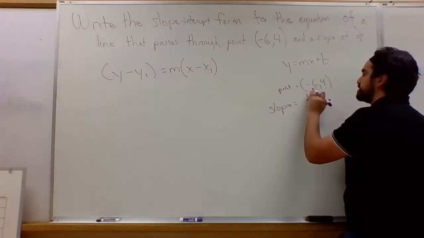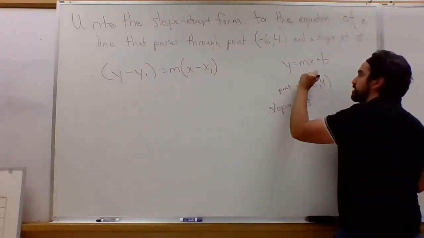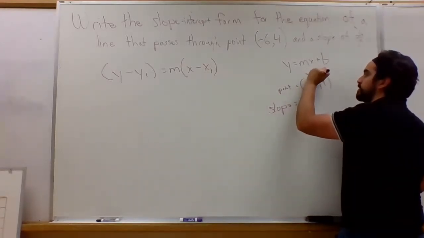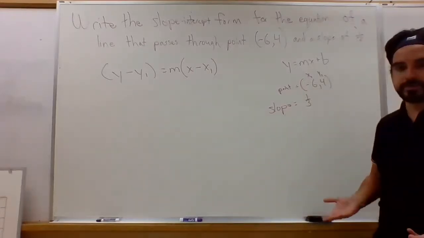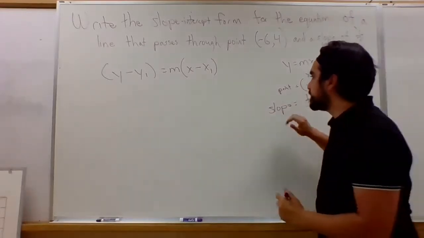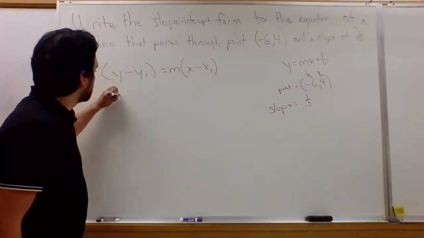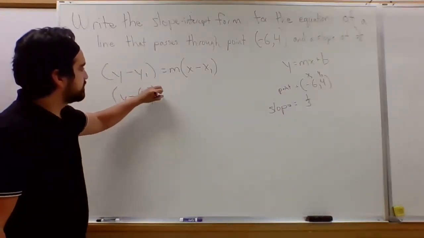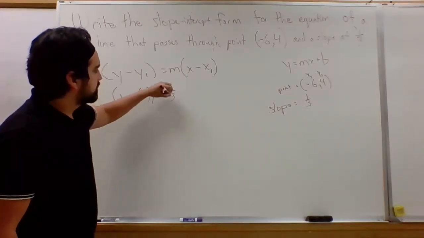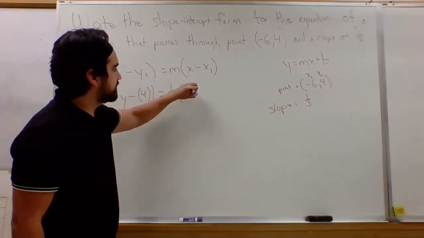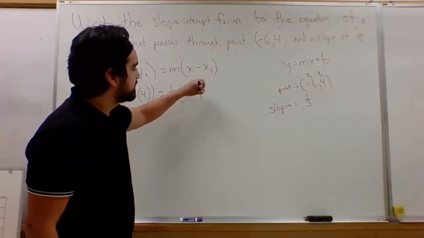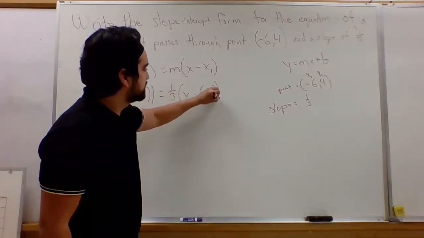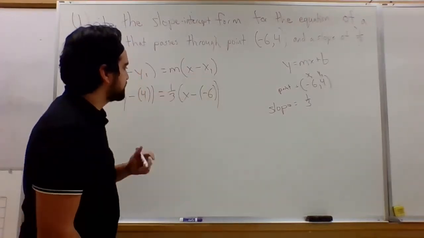So I know -6 is going to be x1, 4 is going to be y1, and 1/3 is going to be my m. So we have y minus 4 equals 1/3 times (x minus (-6)) for my x1.